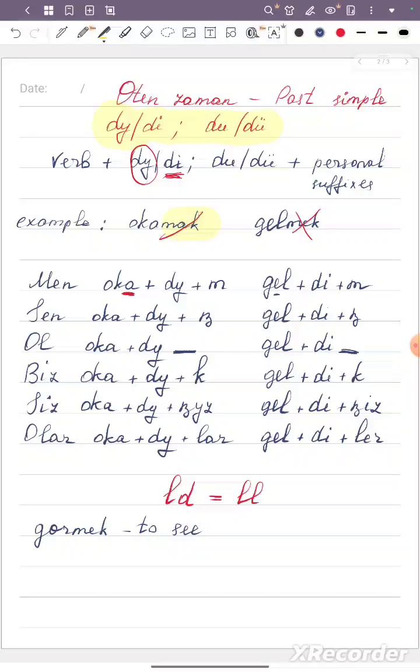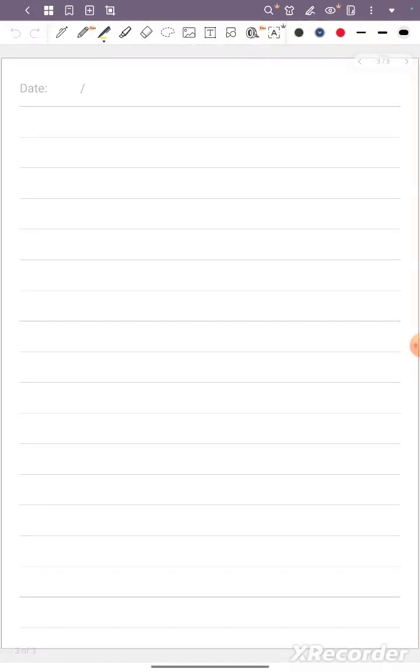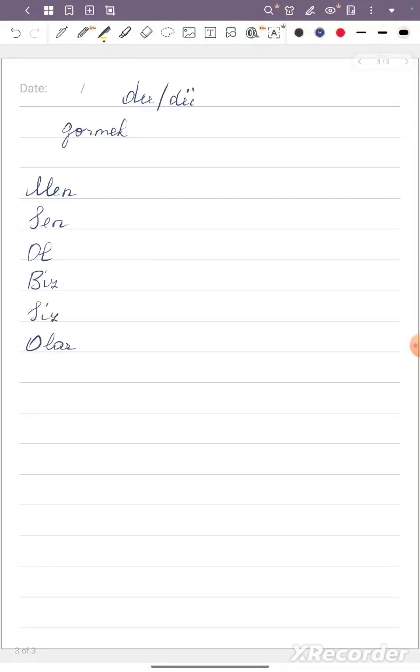All right. So, let me turn the page and write here. Görmek. And we will use the suffixes dü or du. Again, pronouns men, sen, ol, biz, siz, and olar.